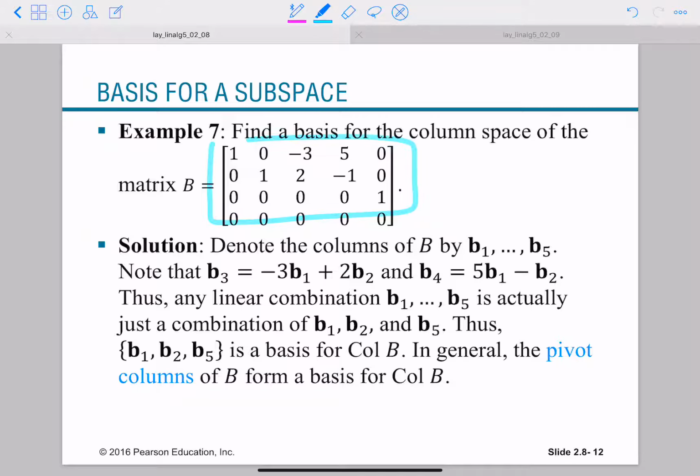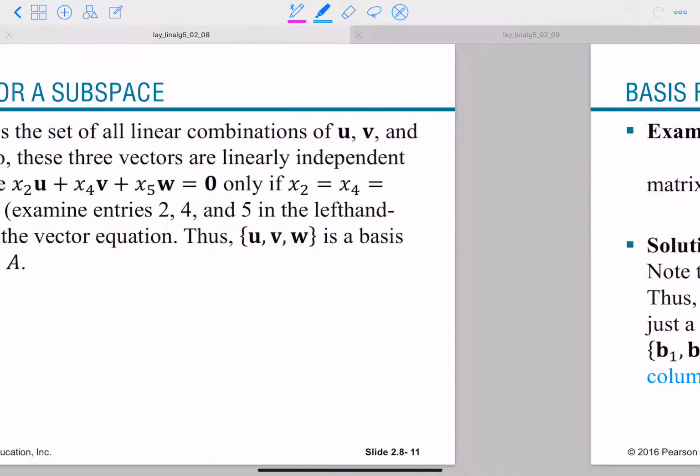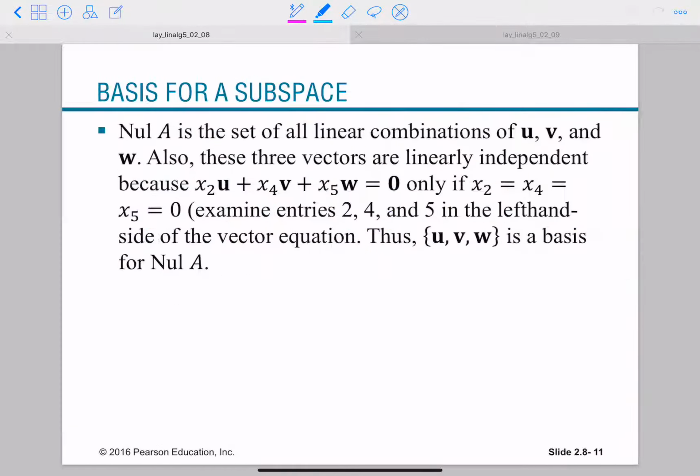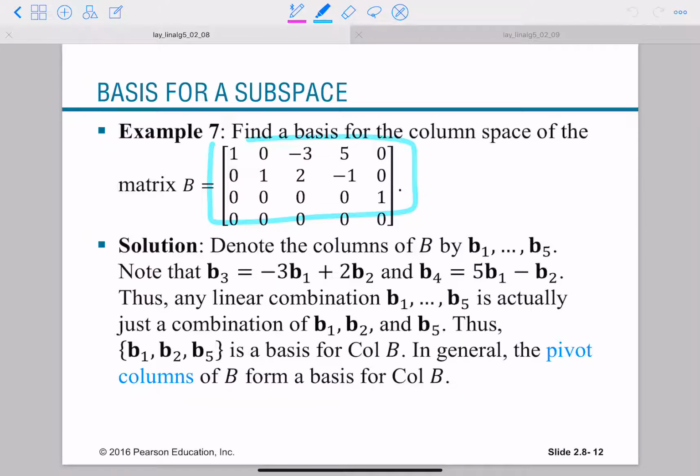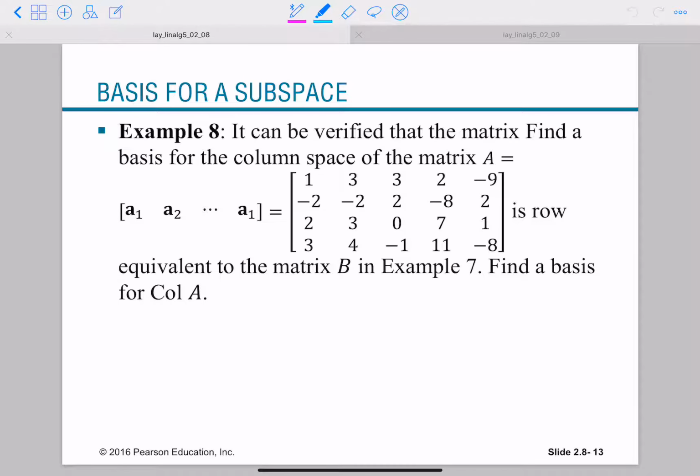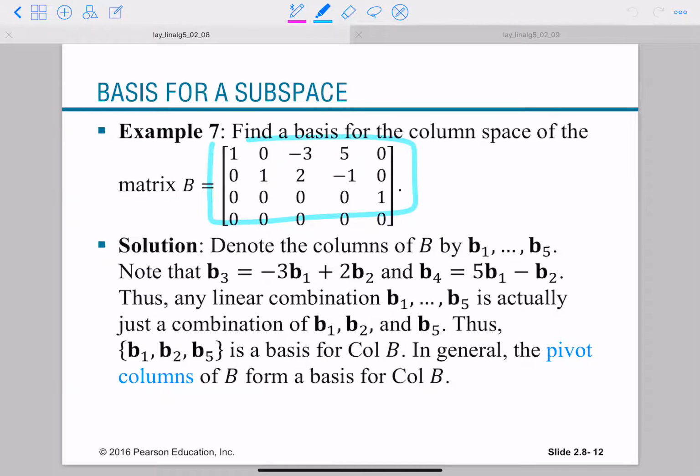So this is actually the reduced echelon form of some matrix. Consider this matrix initially, and its reduced echelon form is this.